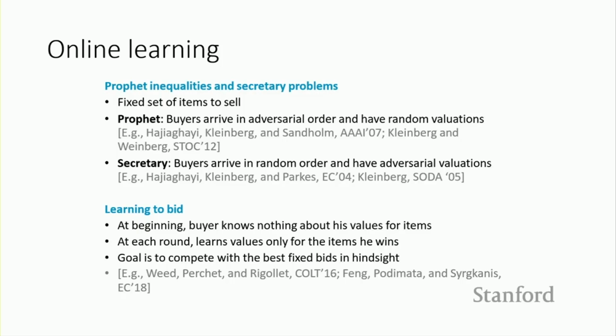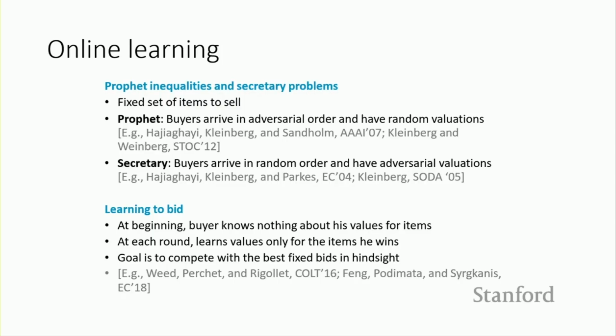So same idea. Other interesting aspects of this, there's something called profit inequality kinds of problems. So here, buyers arrive in adversarial order and have random valuations. Again, an interesting setting. People have done a bunch of interesting work, many of them in competing venues, asking how learning engages interactive mechanisms. Secretary problems, where the naming is meant to allude to buyers arriving in random order.